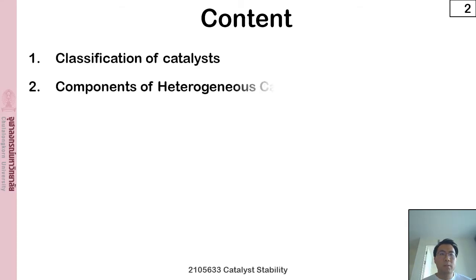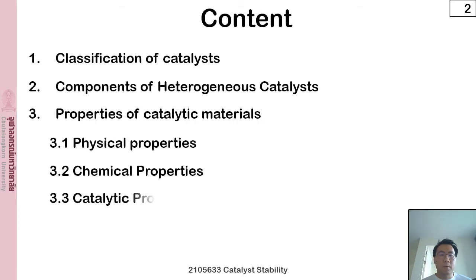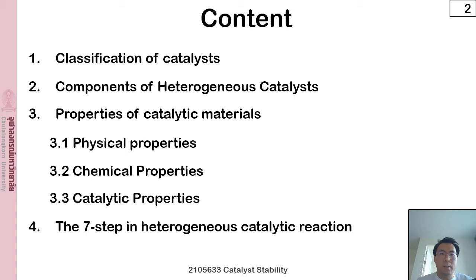So, the content, I will classify it into four parts. The first one is to describe how we classify the catalyst, and then we will learn about which components of heterogeneous catalyst there are.